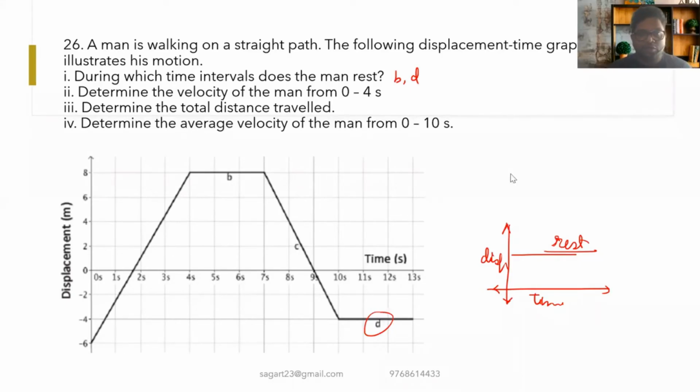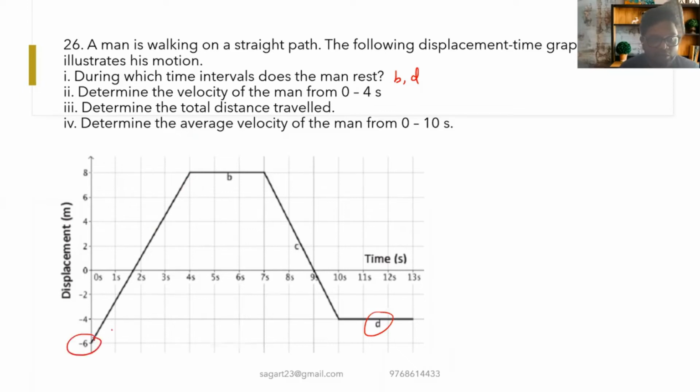Now the next question is determine the velocity of the man from 0 to 4 seconds. Again, if you want velocity from a displacement time graph, then you need to find the slope. This is 0 seconds to 4 seconds, and this is the line. Let's take any two coordinates that you find easier to get.